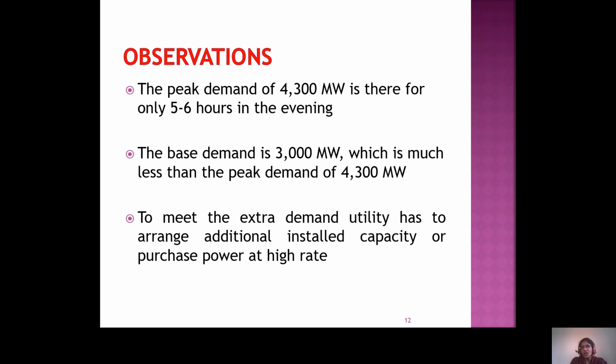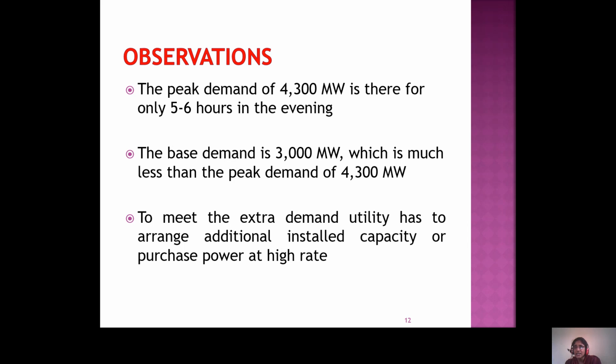To meet the extra demand, the utility has to arrange additional installed capacity or purchase power at a high rate. So at peak time, it will be 4300 megawatt for 5 to 6 hours, but actually the base demand will be 3000.